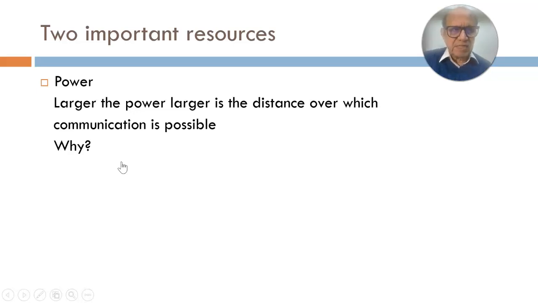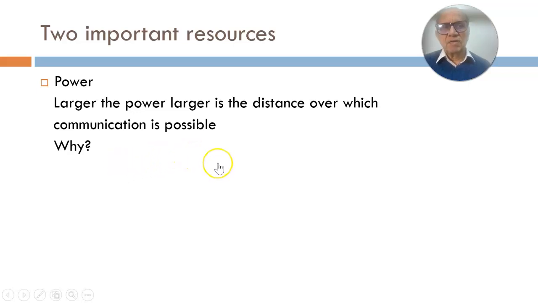So you may transmit large power at the transmitter end, but by the time it reaches the receiver, the signal may be quite small. And if it is not able to overcome the noise which is always present, then the communication will not be feasible. So one simple way to increase the distance of communication is to increase the transmitted power. That's why we say that transmitted power is one resource for fulfilling the distance requirement.